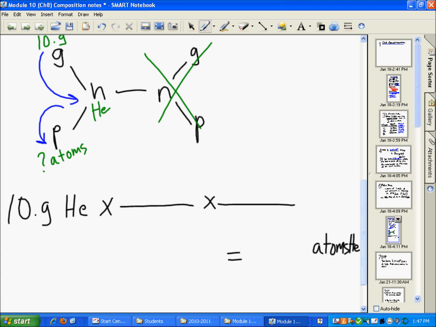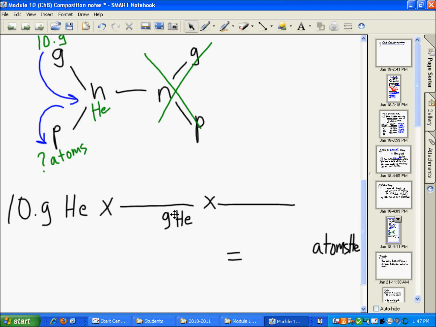In the first step of the calculation, we're going to have to get rid of grams. And with these calculations, generally, the unit you start with is always going to go in the bottom, because we're going to get rid of it. So we have to get rid of the grams of helium unit.